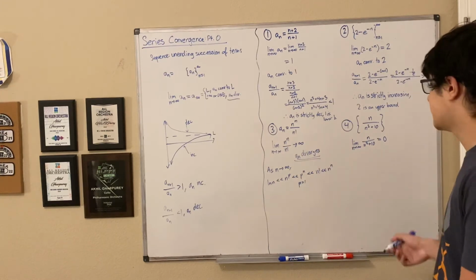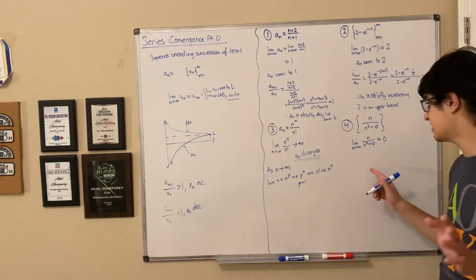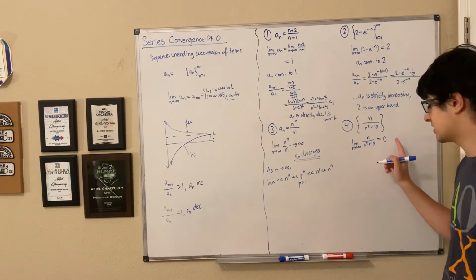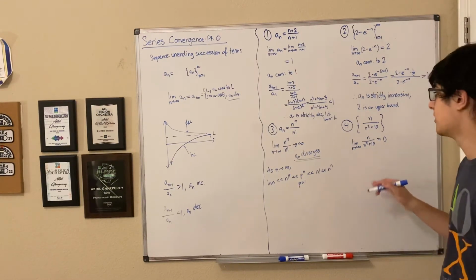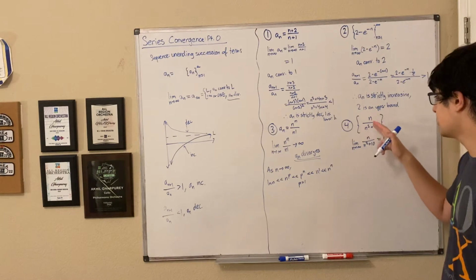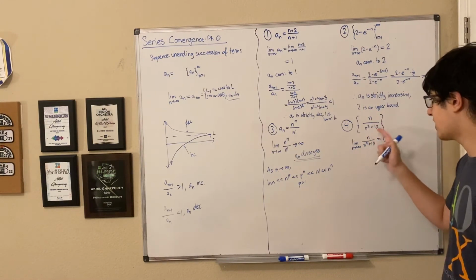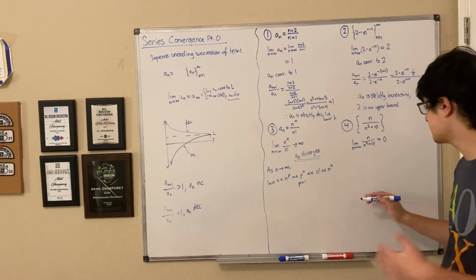So let's go ahead and check if this is an upper or lower bound. But you want to be careful here, because n over n squared plus 10 for 1 to infinity is always going to be positive.